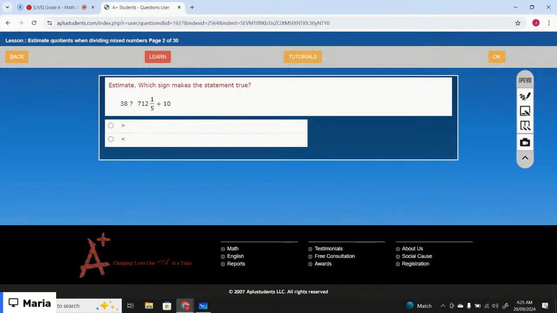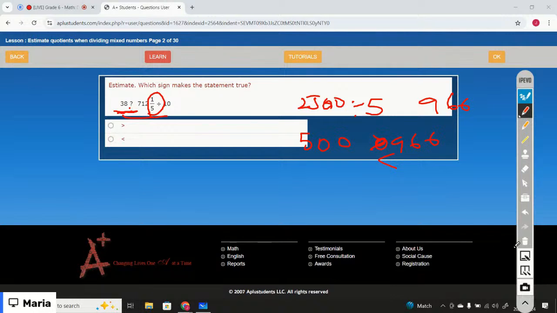38, you have to compare it to 712 whole 1 by 5 divided by 10. You can round off this number to 700 divided by 10, right? Here you have 38 and from here you have 70. You have to compare now.